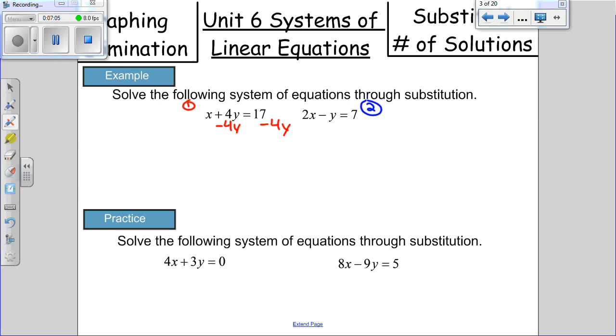My next piece of advice for this unit is you're going to do a lot of algebra. When you do algebra, write down what you're doing. So do your algebra, and then rewrite out your equation every time. So I subtracted 4y from both sides.